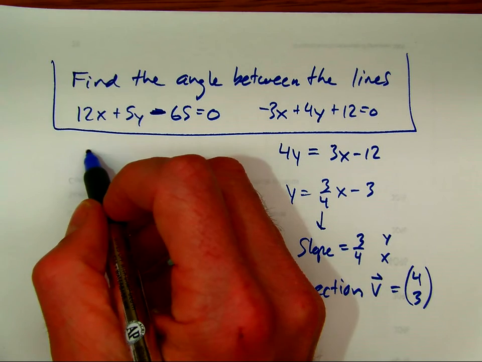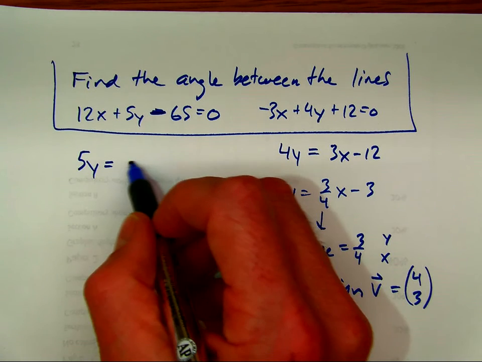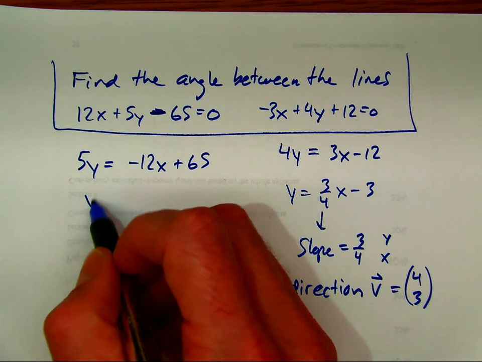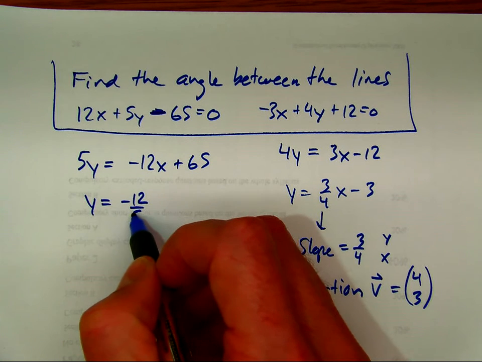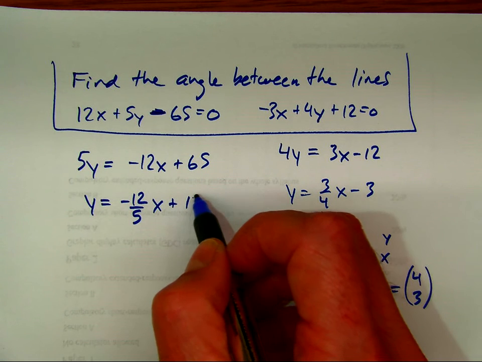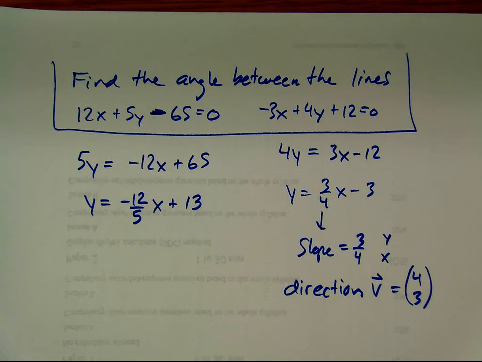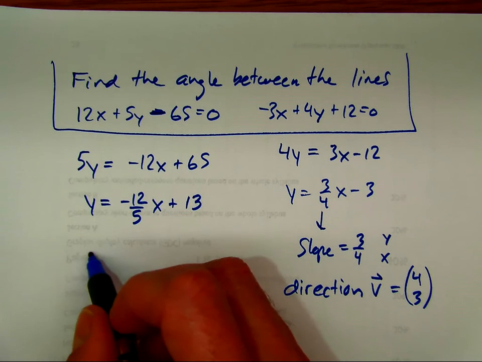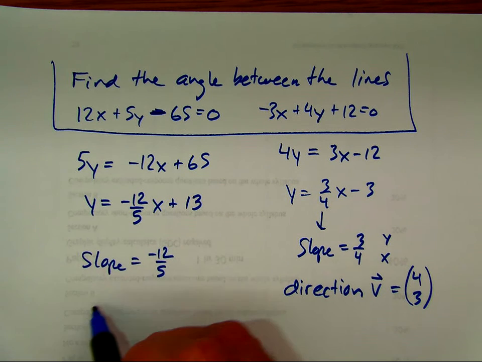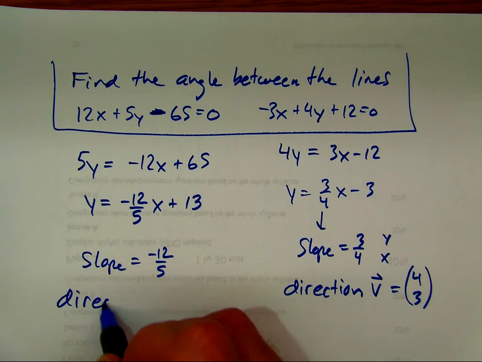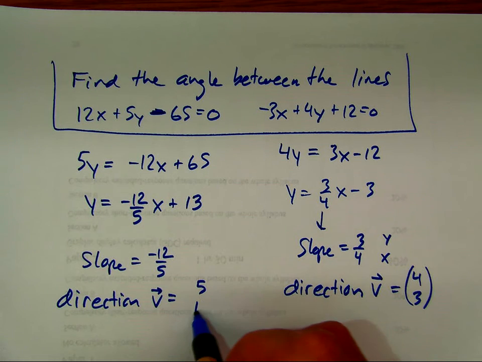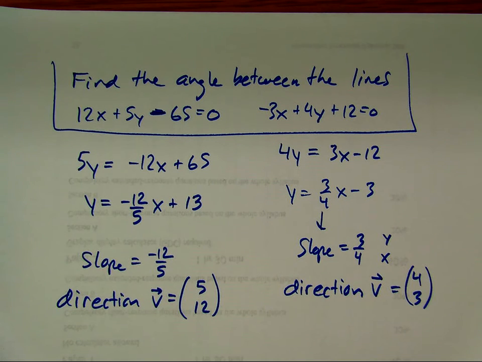And here, let's get y by itself. Divide by 5. So the slope is negative 12/5, but the direction vector is 5, 12, and we just have to make one of them negative.